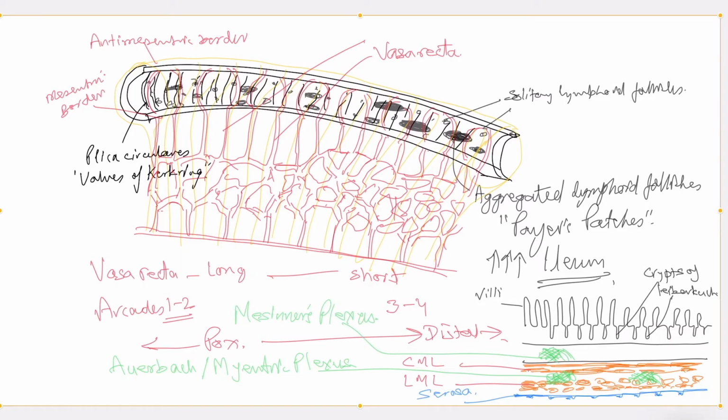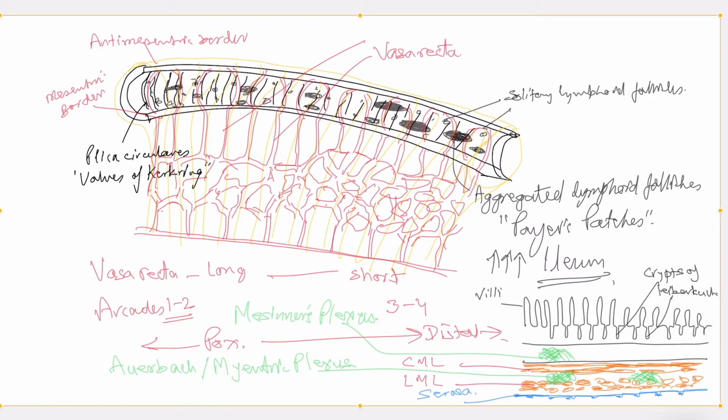Remember, when autonomic neurons, sympathetic and parasympathetic fibers, reach to innervate the smooth muscles of the gut, there will be interneurons and special neurotransmitters like VIP, vasoactive intestinal peptide. There are also special cells called interstitial cells of Cajal, which participate in the coordination between the circular and longitudinal muscle layers.